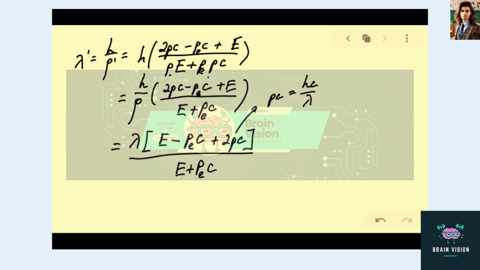So if we multiply in lambda with this PC, what we get is just hc, right? So we can multiply this in to get lambda plus 2hc divided by E plus PEC.